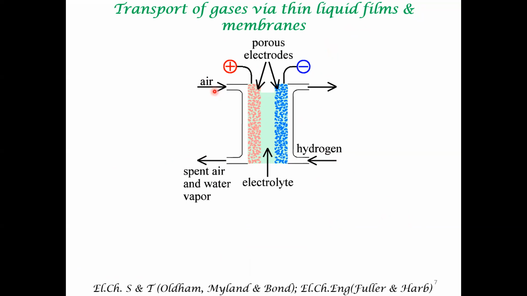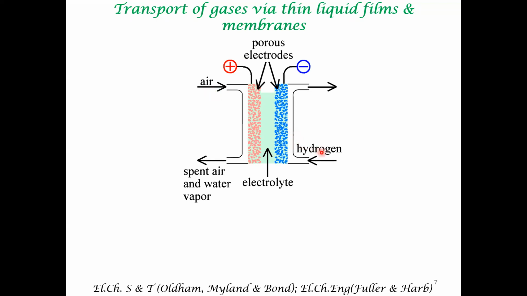This is one of the cleanest electrical power generating devices, not limited by Carnot efficiency. It's just like a battery, wherein a battery is a batch reactor. Here a fuel cell is a continuous flow reactor. So this is a battery wherein the reactants are continuously supplied.